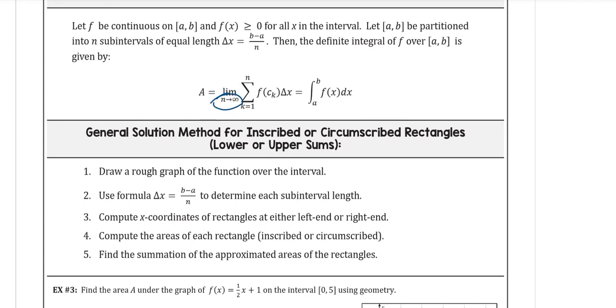So this sum gets larger and larger because n will get larger and larger, and we're adding up these areas. This is the height of each rectangle, and this is the width. And what we find is we end up with our integration from a to b, our definite integral from a to b of f of x dx.